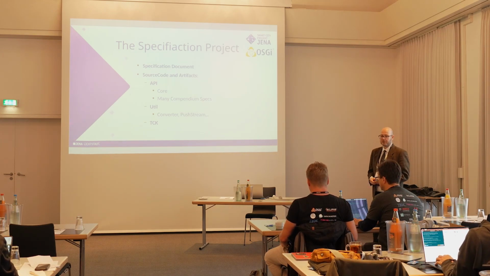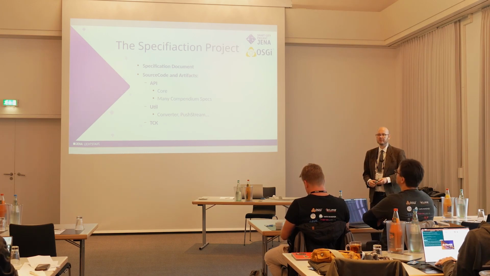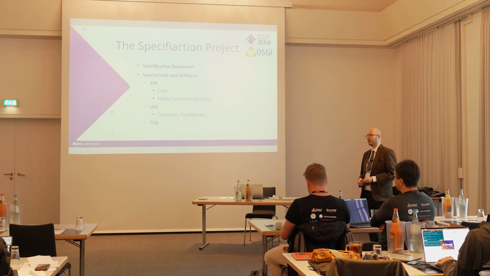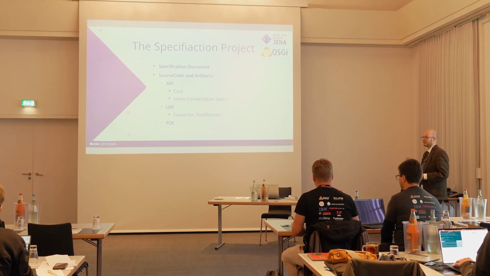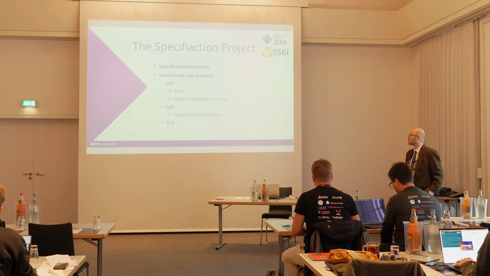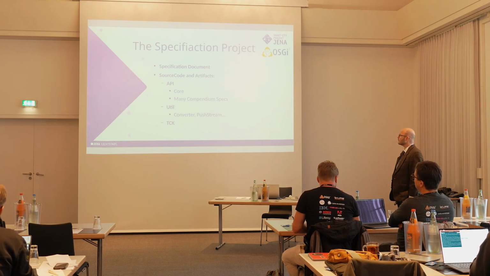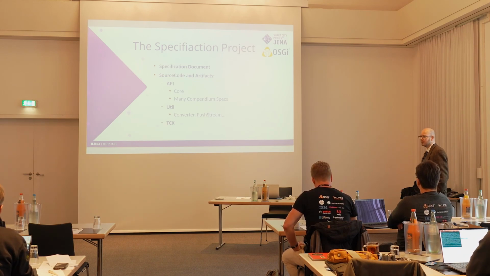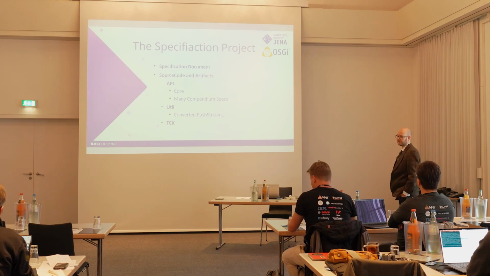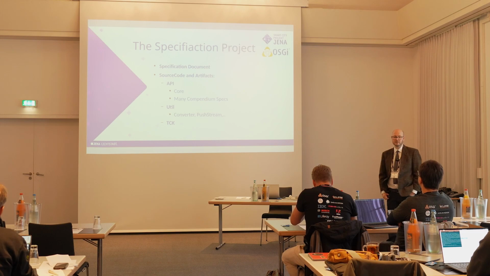What is the specification project doing? Mainly the specification documents. The books that describe how the API should look, how the behavior of the implementations should work. We provide a bunch of source code and artifacts, mainly the core artifact and the many single compendium specifications.